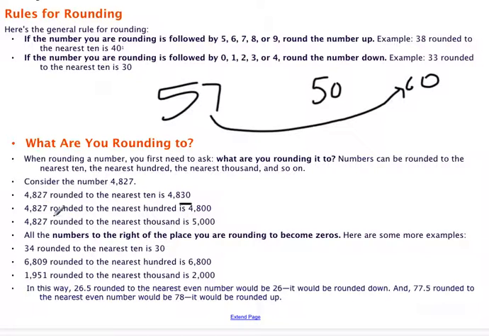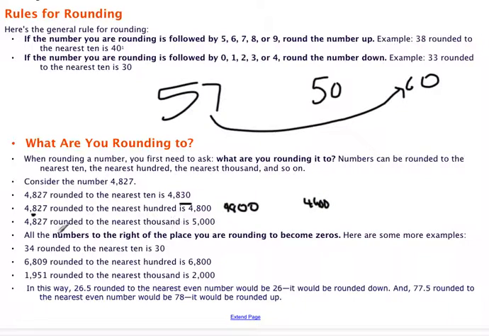The same number, 4,827 rounded to the nearest 100. So I'm looking at the 8. 27 is a lot closer to 800 than it is 900, because I would want to know, am I going to do 4,800 or 4,900?